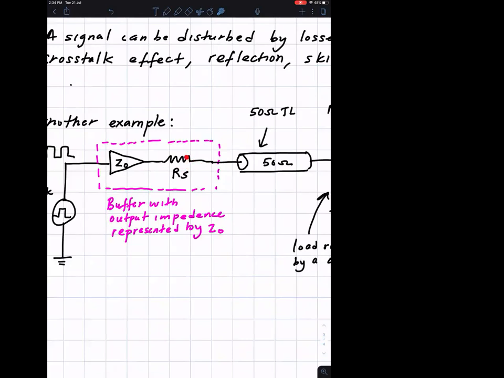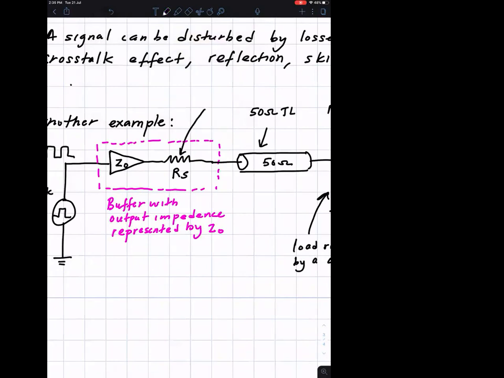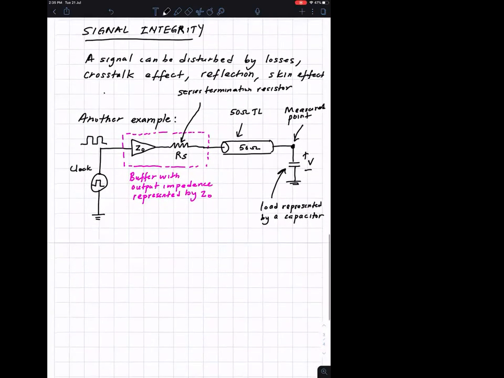And then you have a series resistor here, a series termination resistor, and then a transmission line connected to the load.